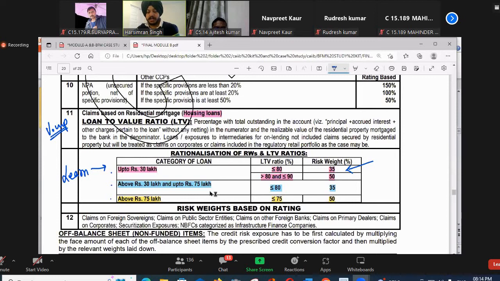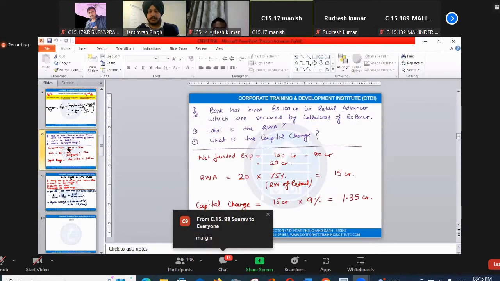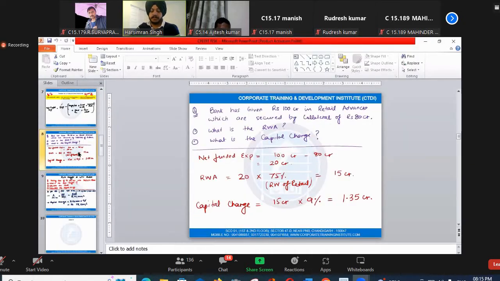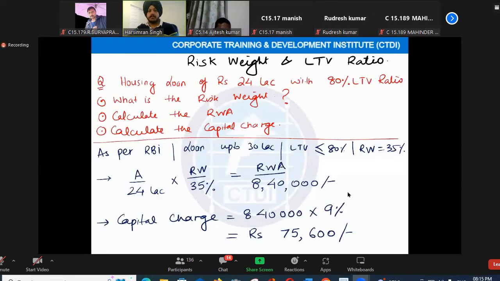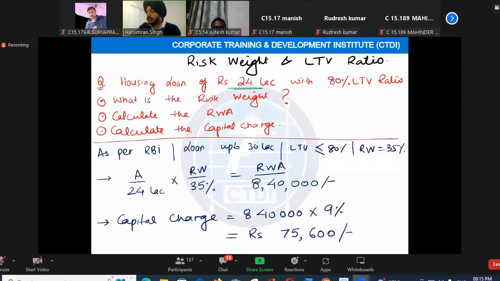Now this chart you have to remember because sometimes, sir, the 35% of loan to value, they will take on the loan amount, the one which remains. Now look at this example. Suppose a housing loan is given for 24 lakhs with 80% LTV ratio.